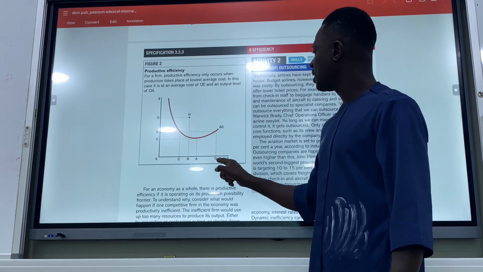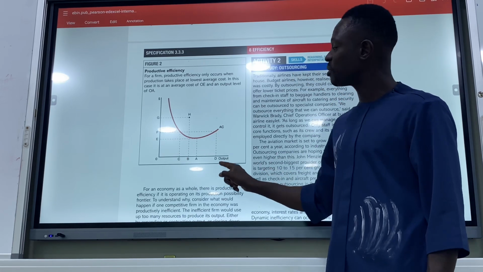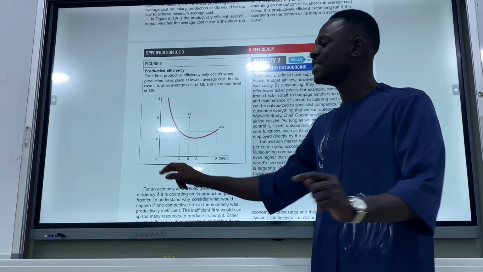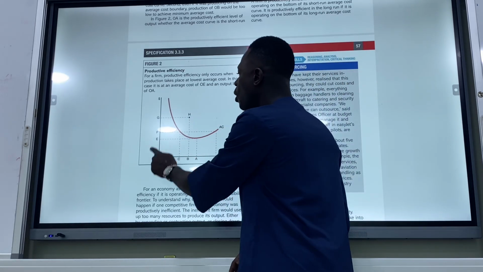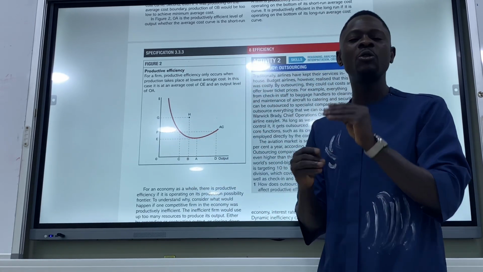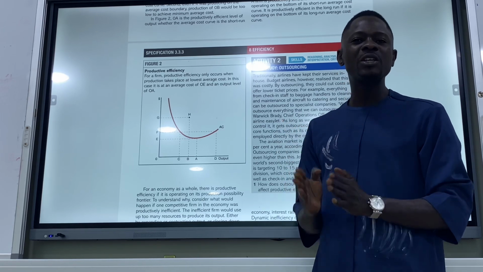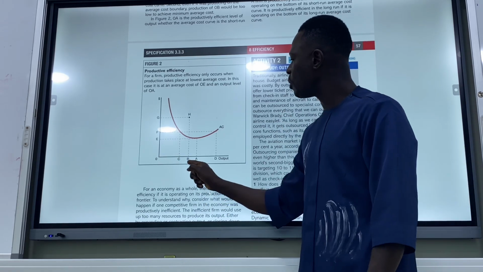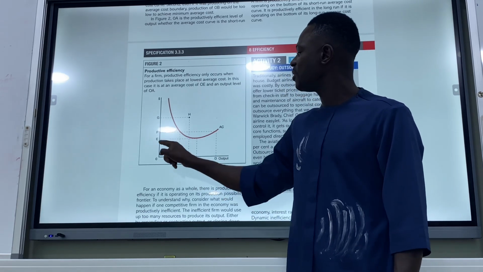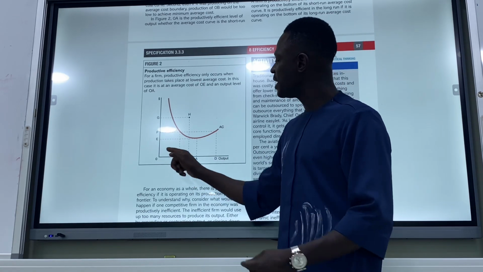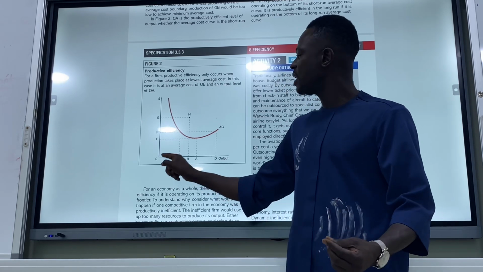And at OD, it is producing the highest possible output, but not at the lowest possible cost. So two things are here. At OC and OF, the firm is producing the lowest possible output. It is productively inefficient because the cost is not the lowest that can be achieved. The lowest cost that can be achieved here is at OE, but the cost here is at OF.